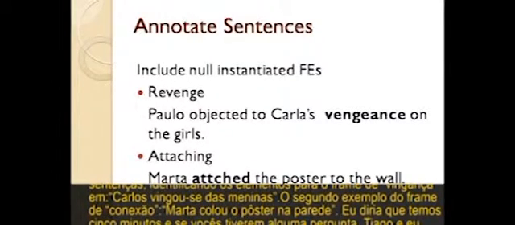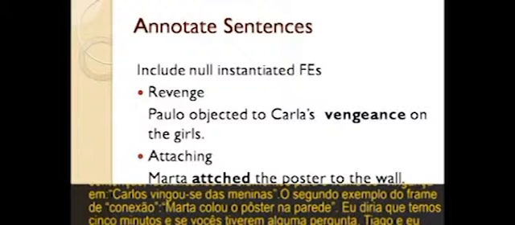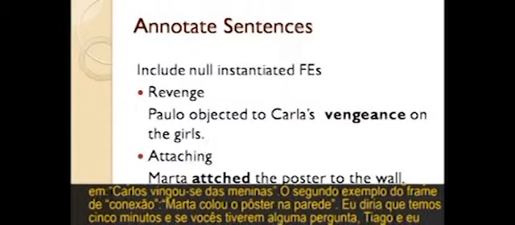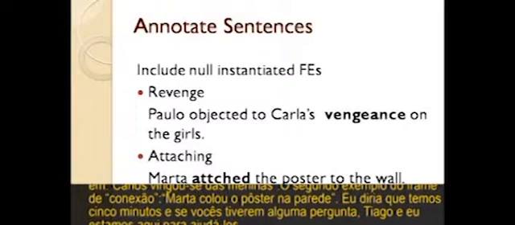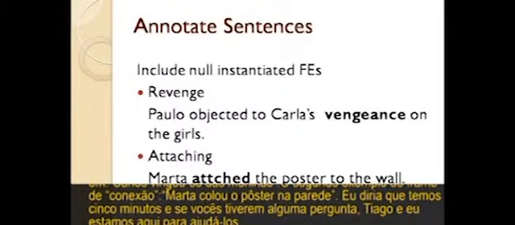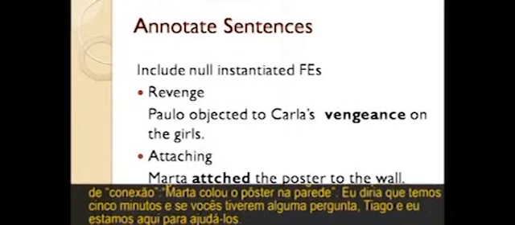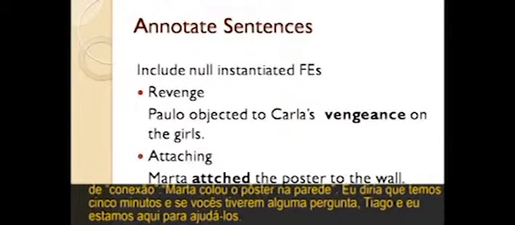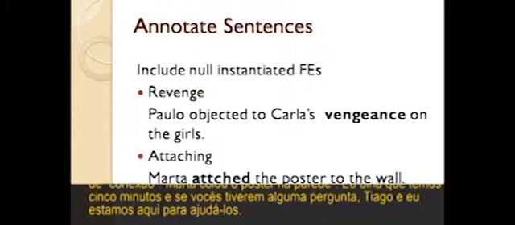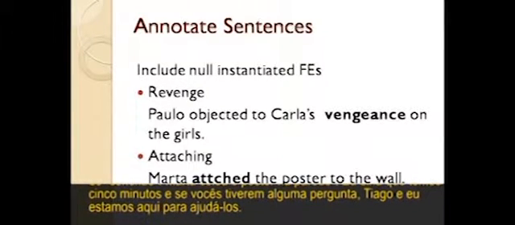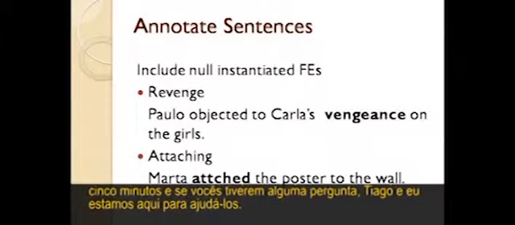For the first sentence, he objected to Carla's vengeance on the girls. And the second is an example of attaching: Marta attached the poster to the wall. So take, I would say, 5 minutes. And if you have any questions, Thiago and I will be there for you.